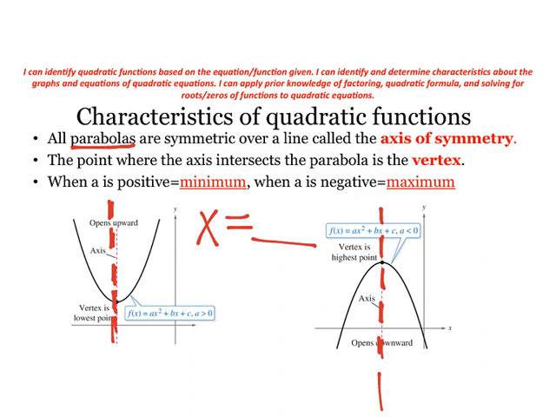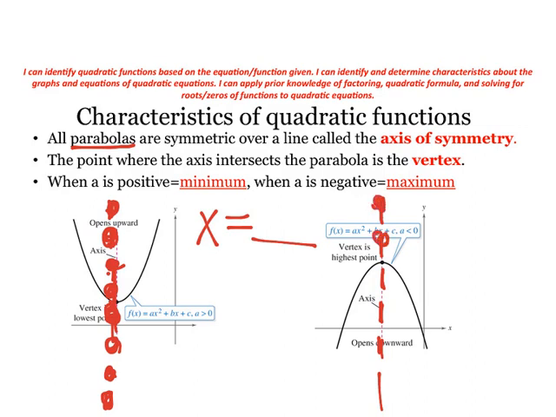Okay? So in this situation, whatever the x value is on all of these points on that diagram to the left, there's a bunch of points that are on that axis of symmetry if we were to draw it in. All of those points have the same x value. And so my axis of symmetry would be x equals whatever that x value is. Same thing in the diagram on the right.